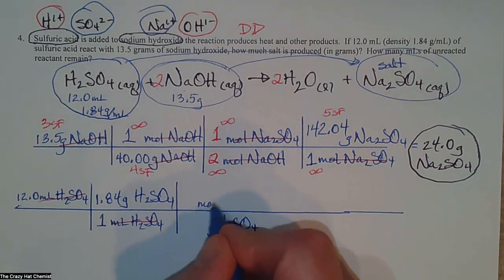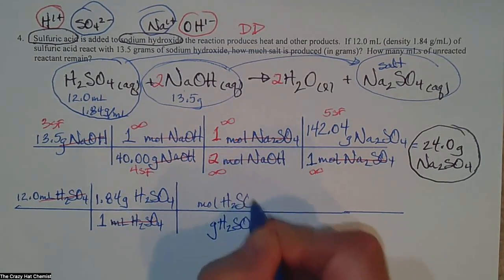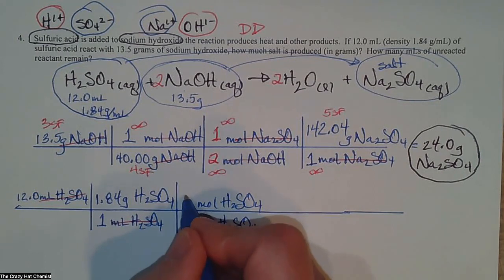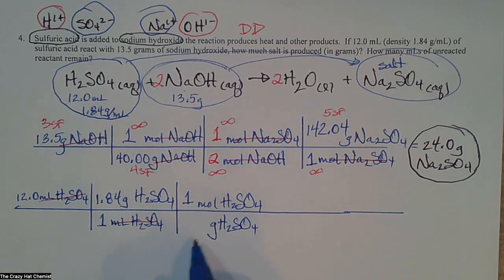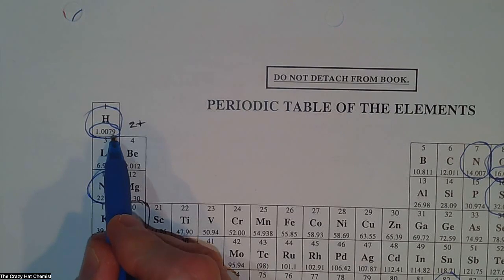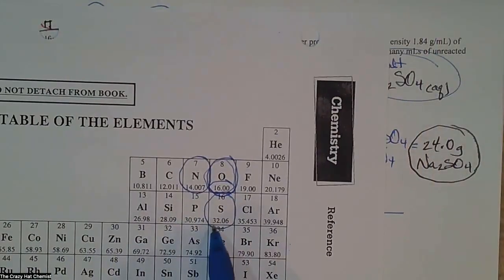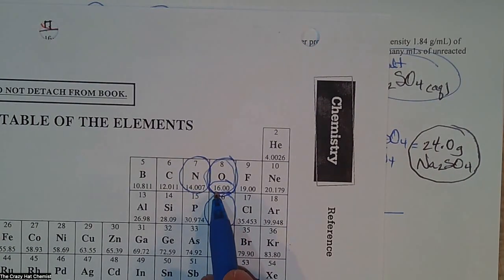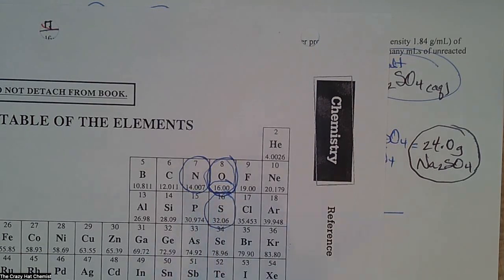This is going to be moles of H2SO4. This number in front of the mole will be a 1, and this will be the molar mass for sulfuric acid. So that is 2 times 1.0079 plus 1 times 32.06 plus 4 times 16.00.